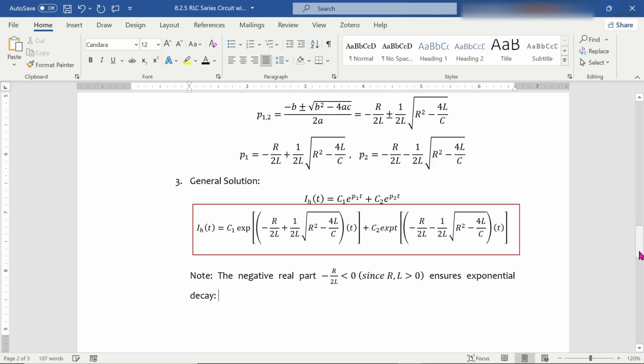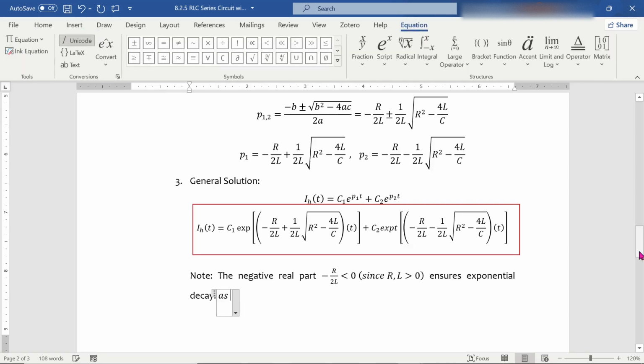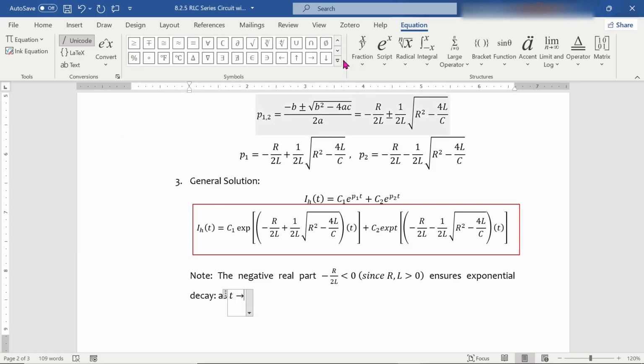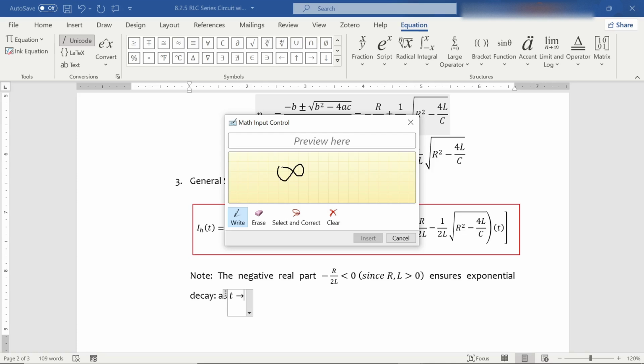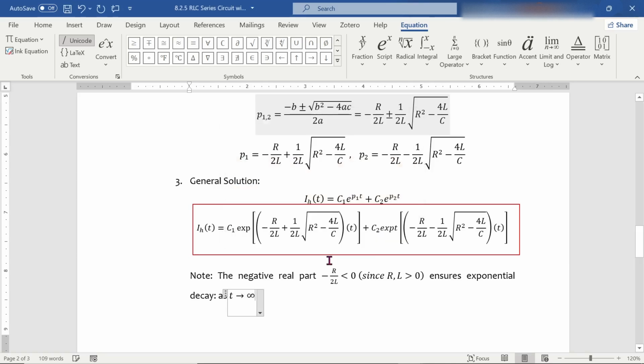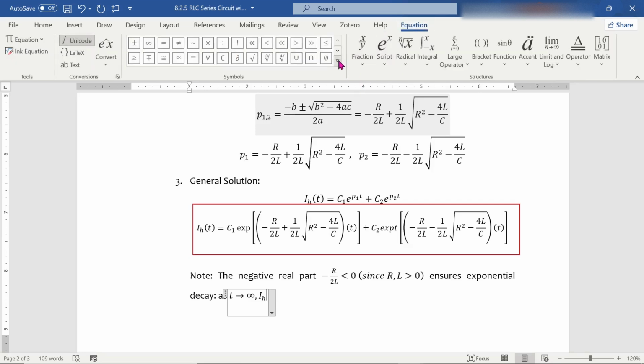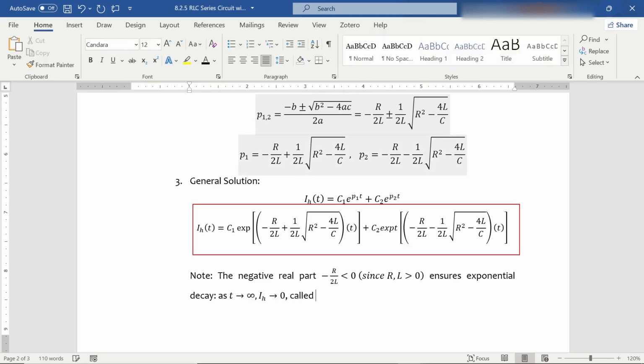What do we mean by exponential decay? As t approaches infinity, our homogeneous solution approaches 0. So I_H approaches 0, and we call this transient currents.